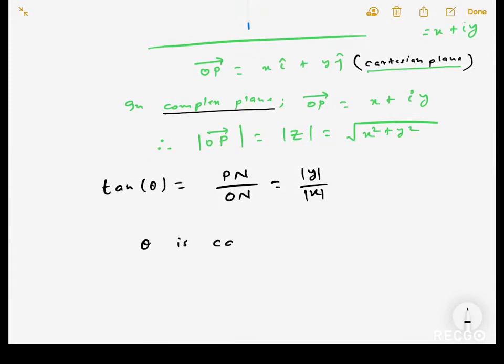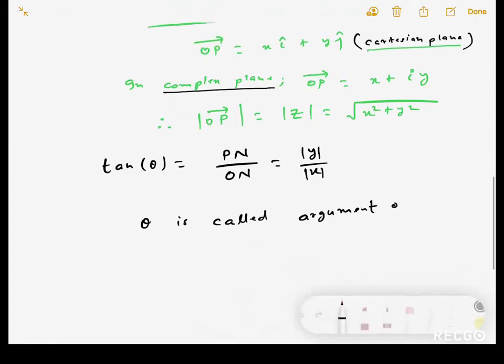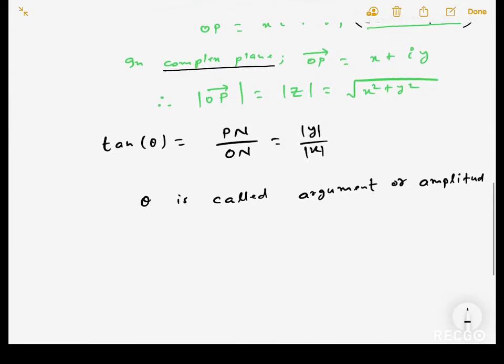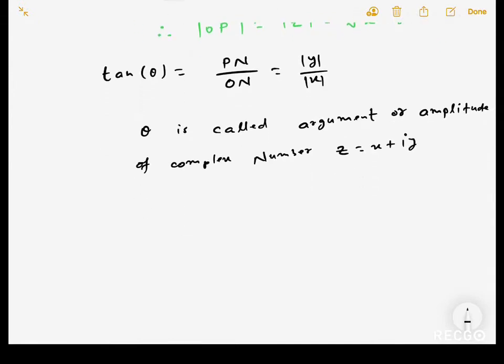And theta is called the argument, or theta is called the amplitude. You can say argument also, you can say amplitude. So the argument or amplitude of the complex number z. Mathematically, the argument is denoted in short by arg z, or the amplitude is denoted by amp z.